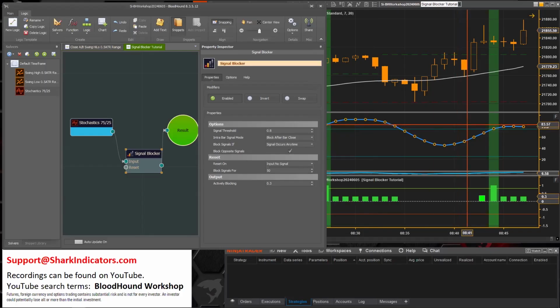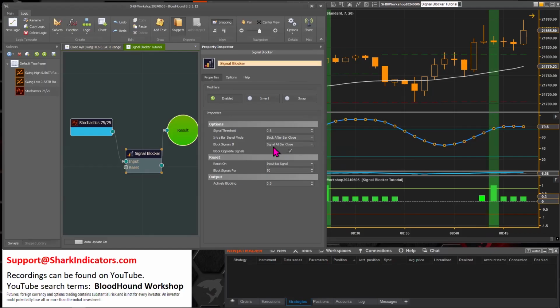In this case here, a signal occurred intrabar, as this bar was forming, and with the signal occurs any time setting, this will block in this exact situation. A signal occurred way up here, but then price pulled back and there was no active signal when the bar closed. So this setting will block long signals afterwards.